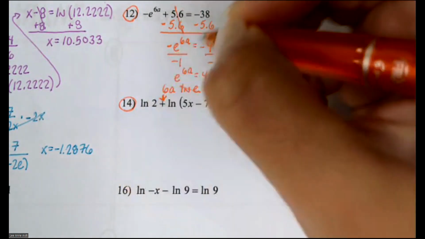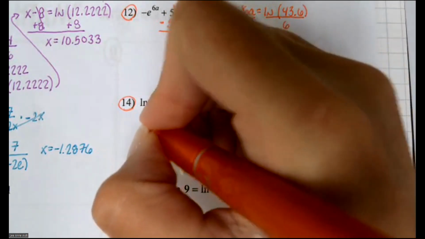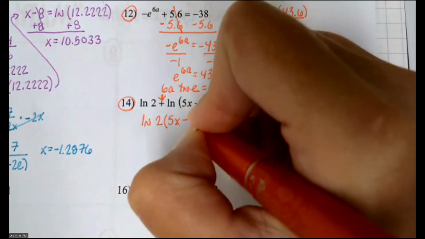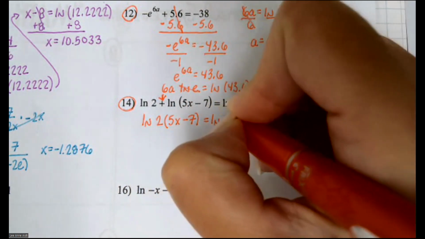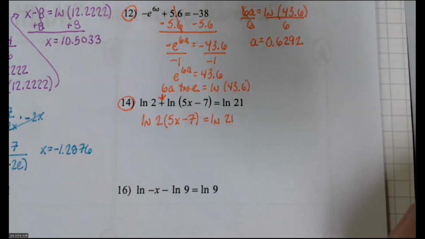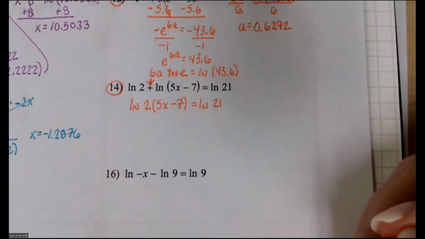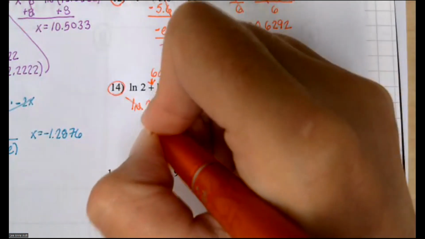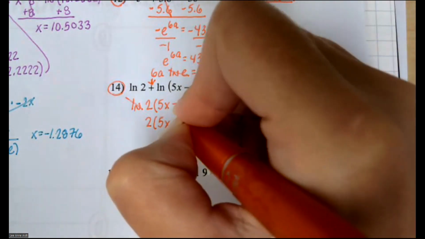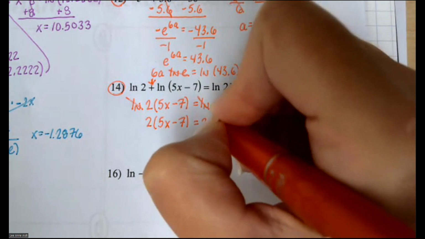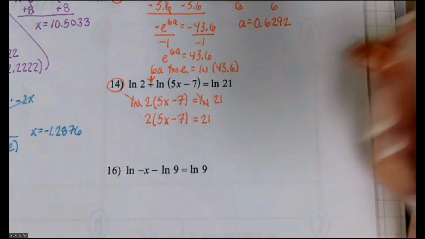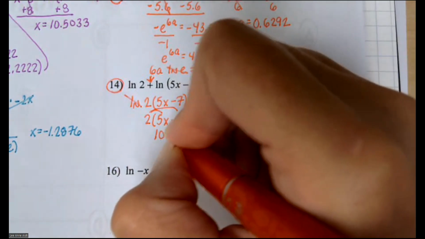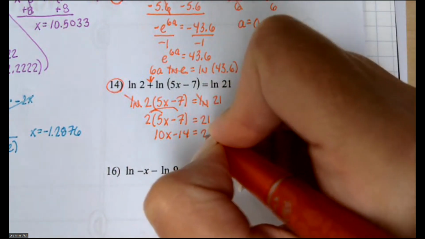First, decide the operation. It's plus, that means it's times. So natural log 2 times 5x minus 7 equals natural log 21. And this is a cross out type problem. So cross out the logs. 2 times 5x minus 7 equals 21. 2 times 5 is 10. 10x minus 14 equals 21.